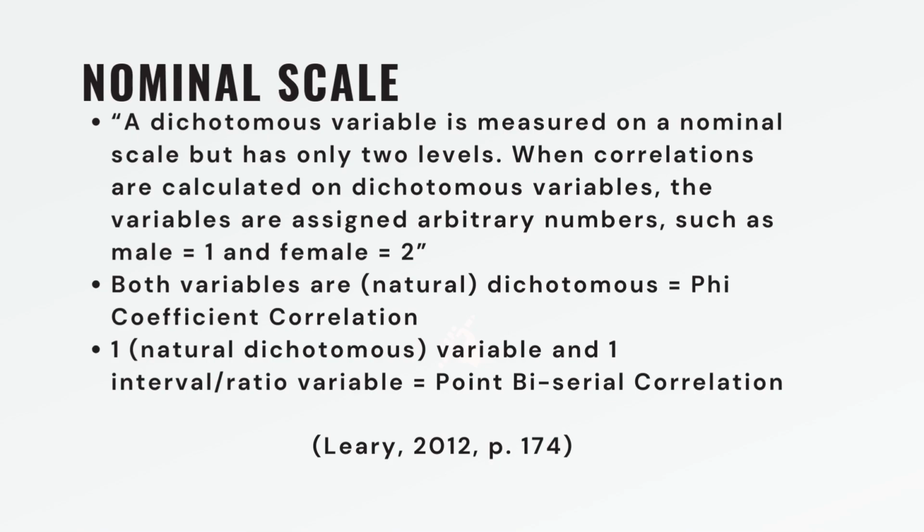If only one variable is dichotomous and the other is on an interval or ratio scale, a point biserial correlation is used. Leary also reported that if we were looking at the relationship between gender and virginity, the former is appropriate because both variables are dichotomous. However, if we were correlating gender, a dichotomous variable, with height, which is measured on a ratio scale, the latter would be calculated.